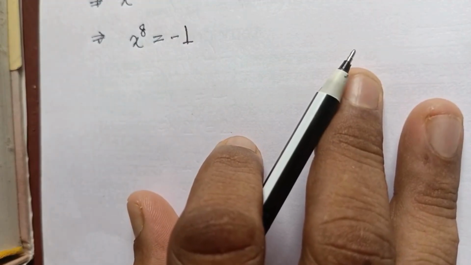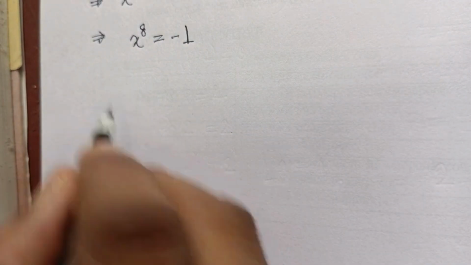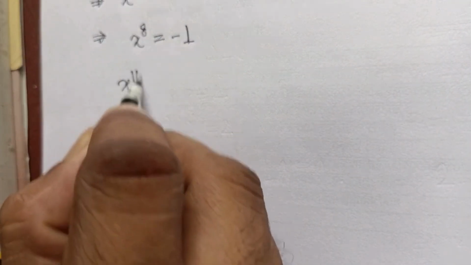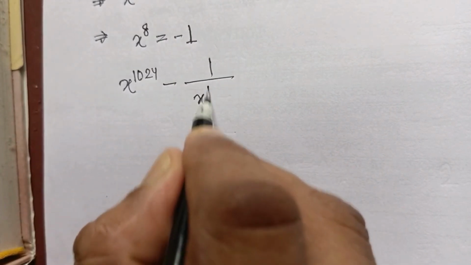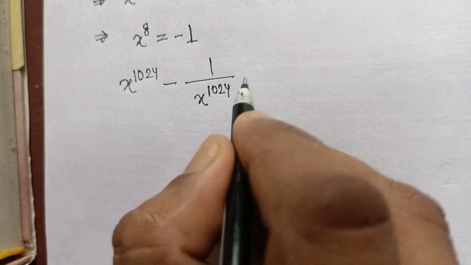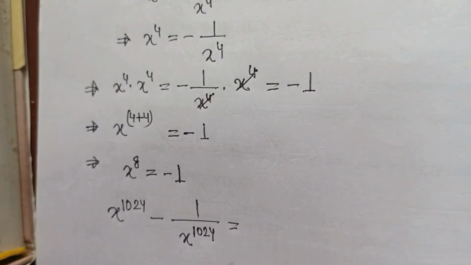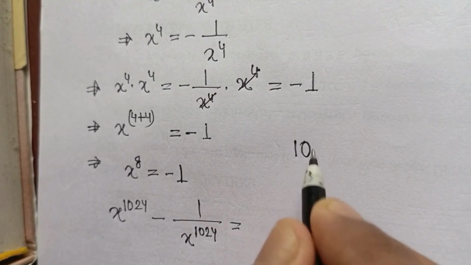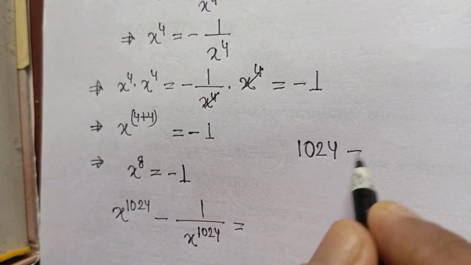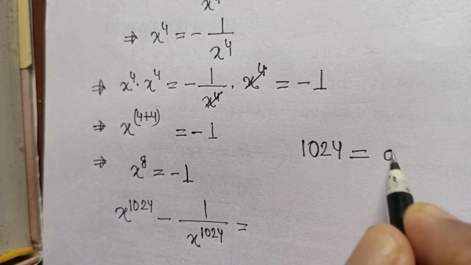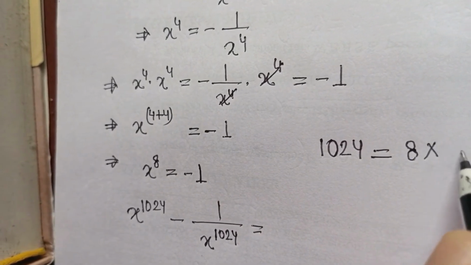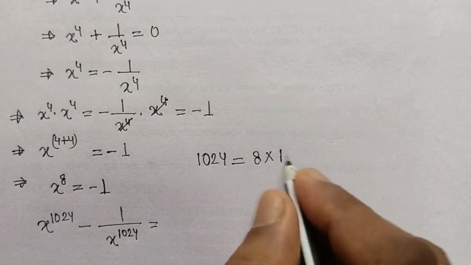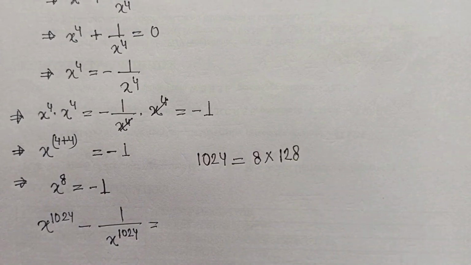Now we have to find out the value of x to the power 1024 minus 1 by x to the power 1024. If we expand that 1024, this can be expressed as 8 into 128.